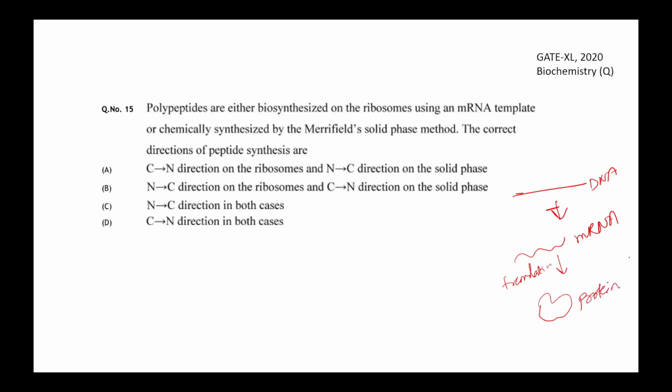So this is the central dogma. Using this mRNA, from the ribosome machinery, we'll get the polypeptide synthesized.